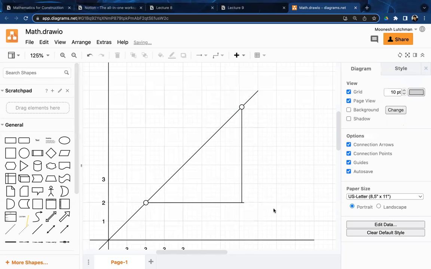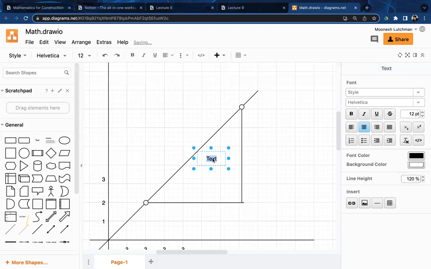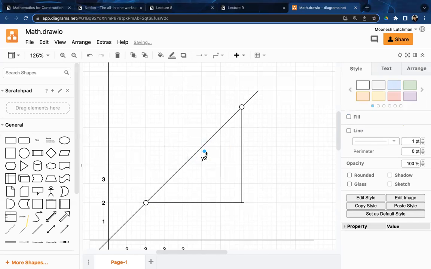Right, so you draw a triangle and you find out what this length is. Pythagoras' theorem, right? So like this is y2 up here.